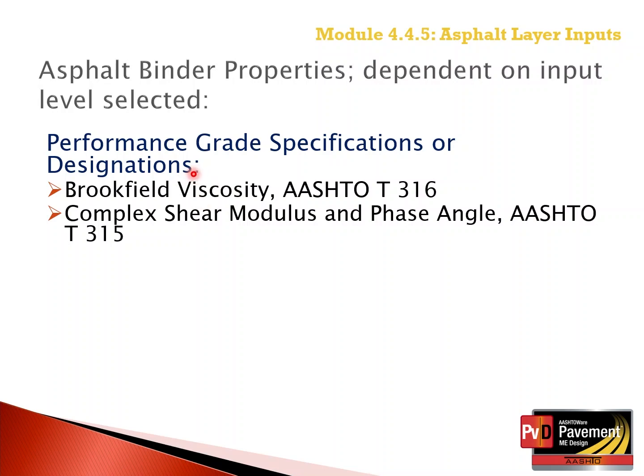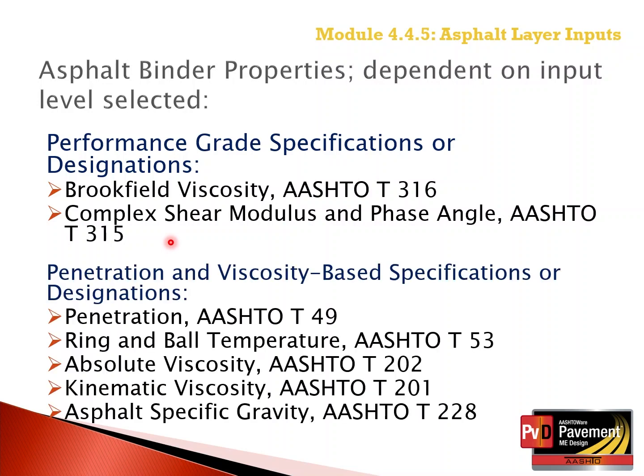This is the common binder specification used by just about all of the state agencies in North America. The performance grade specification requires a Brookfield viscosity measured in accordance with AASHTO T316, and then a complex shear modulus and phase angle measured in accordance with AASHTO T135.